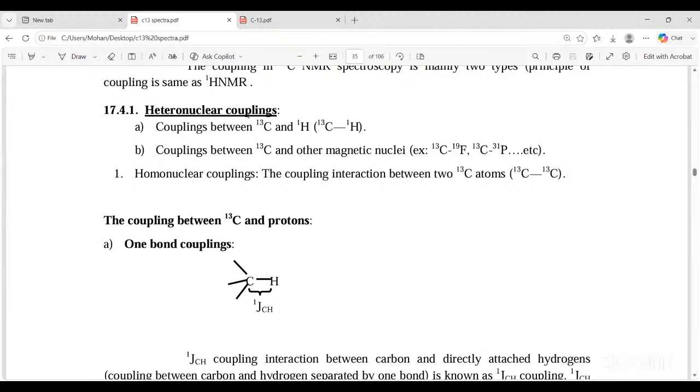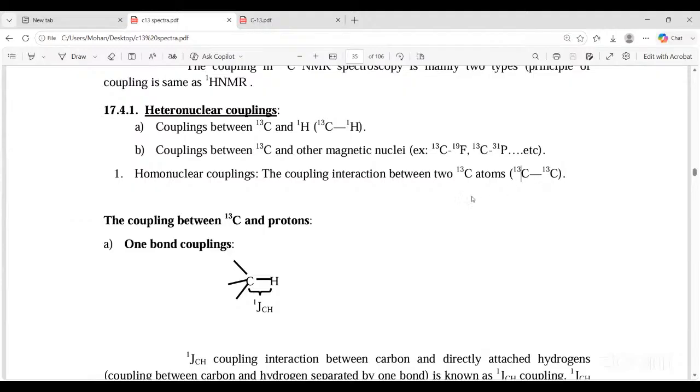Heteronuclear is common, and homonuclear couplings are very less common here, because finding a C13 nucleus adjacent to that carbon is difficult, because the natural abundance of C13 is only 1.1%, right?